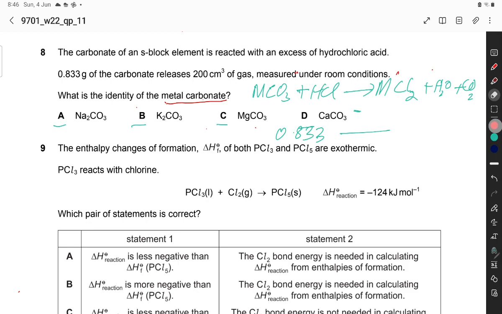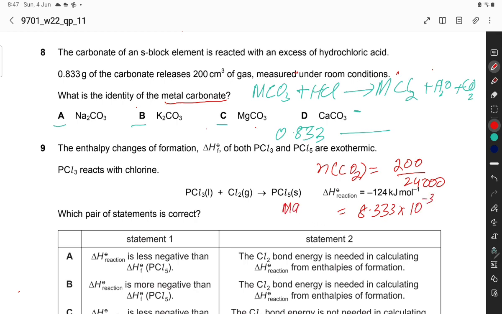Moles of carbon dioxide CO2 is equal to 200 divided by 24,000. This is equal to 200 divided by 24,000 is equal to 8.33 into 10 raised power to minus 3.